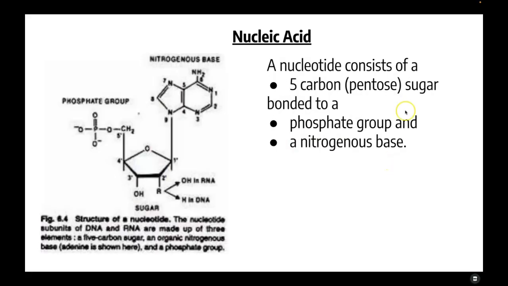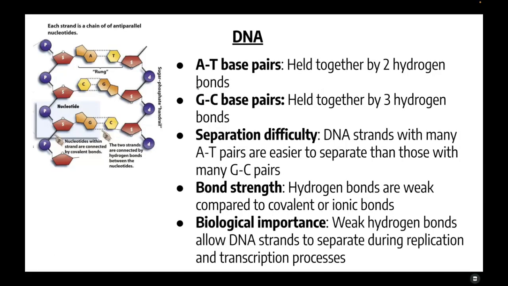Nucleic acids consist of a 5-carbon pentose sugar. So we see our sugar right here. It has a phosphate group right here. And it has a nitrogenous base. Remember, depending on whether it's DNA or RNA, it'll have different bases. In our DNA, we see that adenine and thymine have 2 hydrogen bonds.